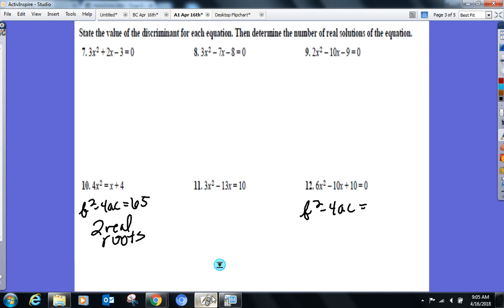Okay, stud, what do we have for my discriminant for 12? Okay, meaning how many roots do I have? 0 real roots, yes, because that's negative.